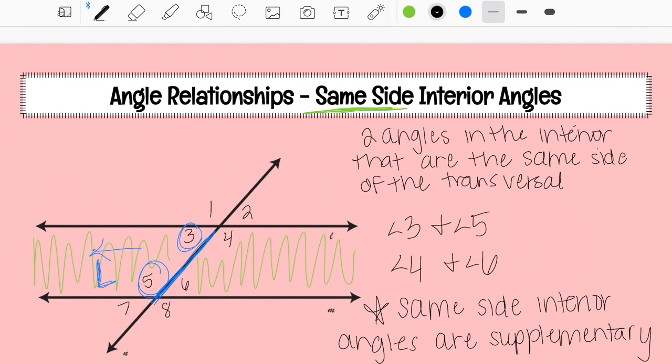And if you don't remember from earlier, supplementary means they sum to 180 degrees. So if angle 4 is 160 degrees, then angle 6 would have to be 20 degrees because these two values would need to add up to 180.